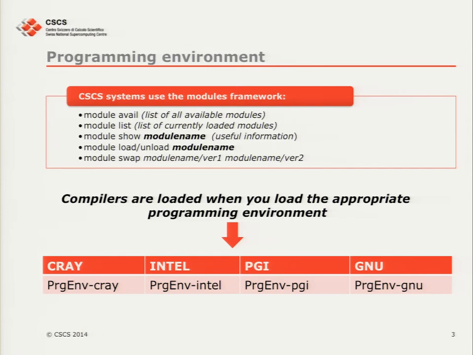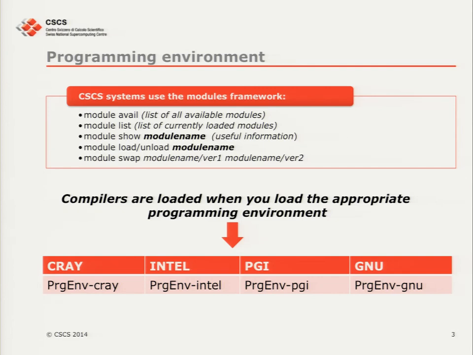Module show, as Alistair mentioned, is really great because it tells you what is loaded, what is appended on your path when you load something, especially if it's some other library like for FFTW, HDF5. It tells you exactly what is added to your path and where things reside on the system. And then you can use module load and unload or module swap to choose from one version of a module to another.